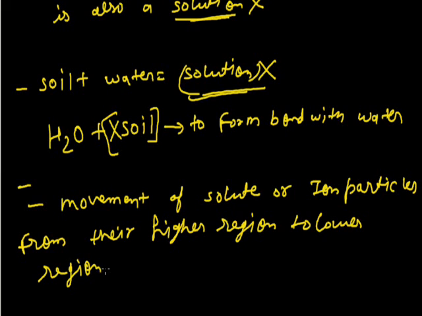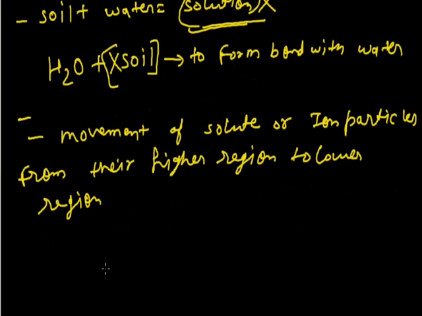This is the process of diffusion, in which we can simply say that it is the movement of solute or ion particles from their high region to a lower region. We have some common examples of the process of diffusion.